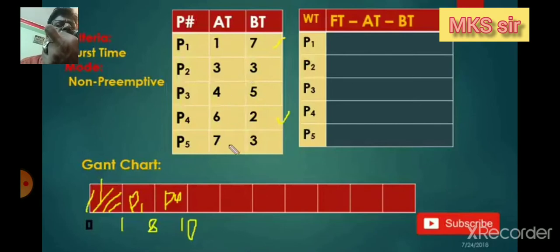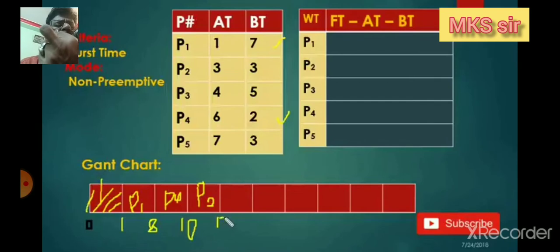Now the remaining are P2, P3, P5. Looking at the table, P2 has burst time 3 and P5 also has burst time 3. In this situation, when there is a tie, we have to consider FCFS, meaning first come first serve. P2 arrived first, so we give process P2 the third slot.